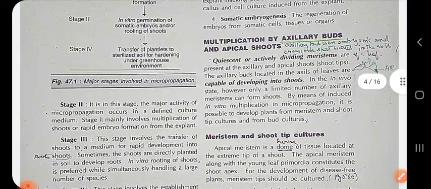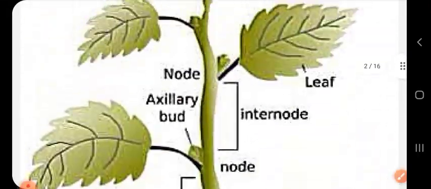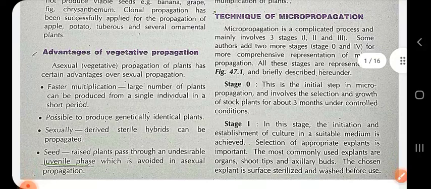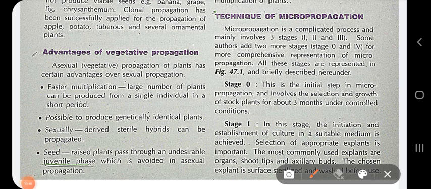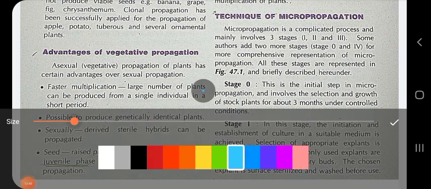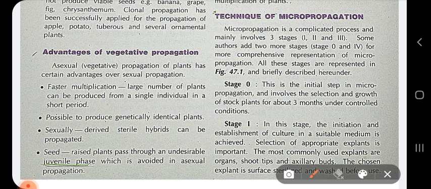So let's make a start now. Your first stage is stage 0. What does stage 0 state? This stage involves selection and growth of stock plants for about 3 months under controlled culture conditions.